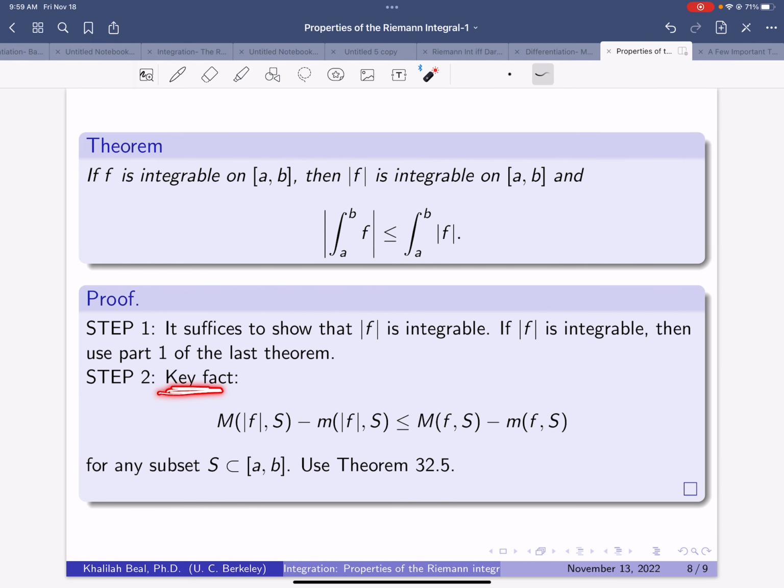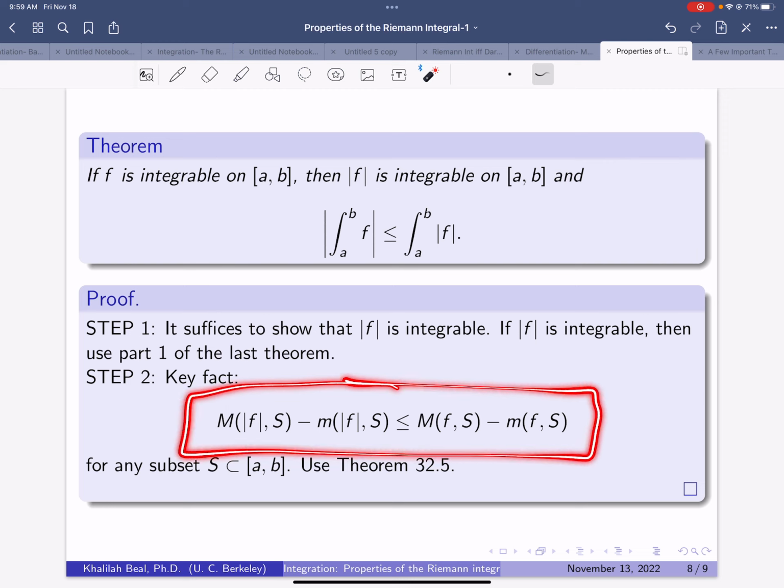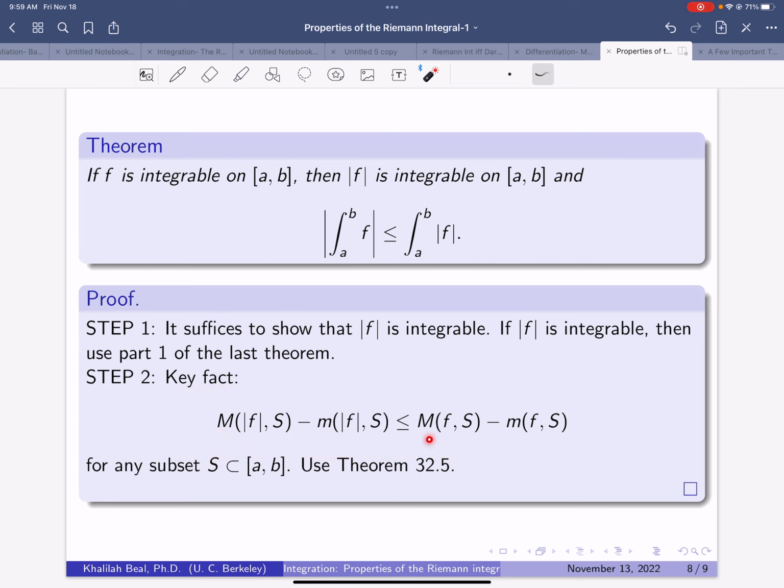And to show that the absolute value of f is Riemann integrable, we're going to use this fact here, which is comparing the sup and the inf of the absolute value versus the sup and the inf over the function. So just to imagine why this would be true, suppose you have a function.